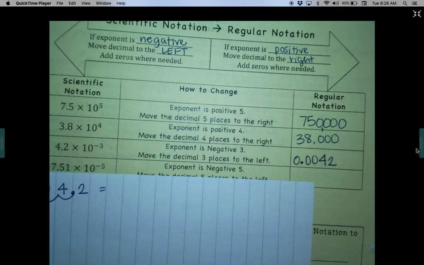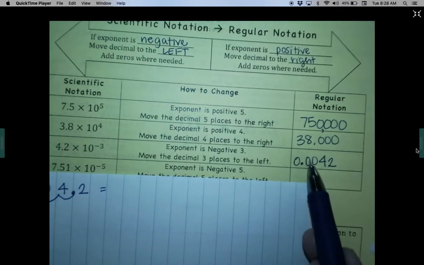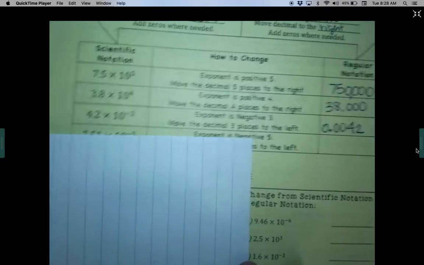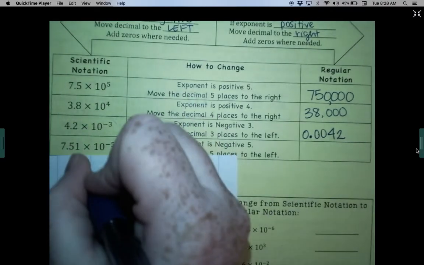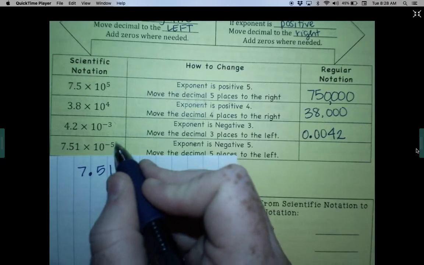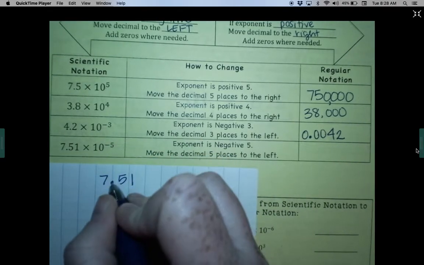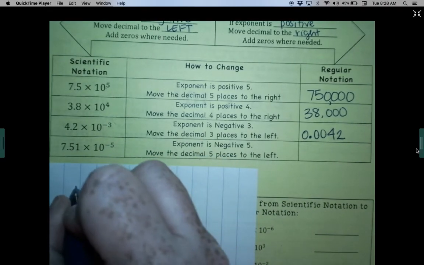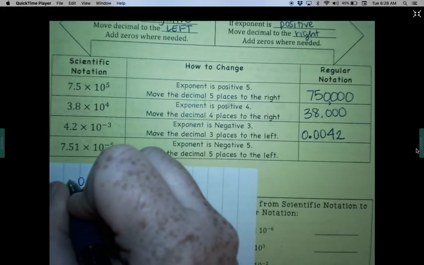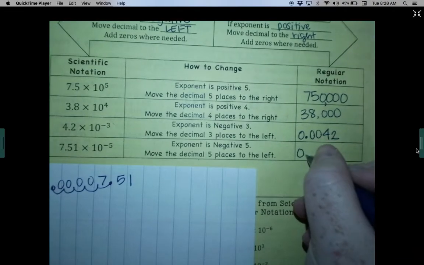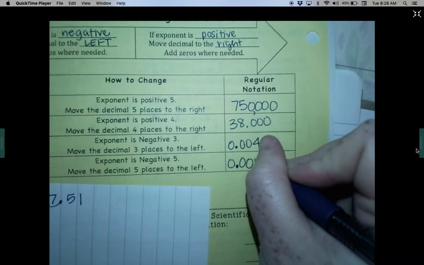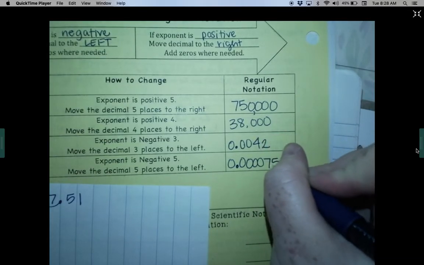So we have 42 ten-thousandths, I think. Tenths, hundredths, thousandths. Yeah, ten-thousandths. Okay, and then our next one we have 7.51 times 10 to the negative 5th. So that means we move to the left 5 places. 1, 2, 3, 4, 5. So we have 0.0000751.